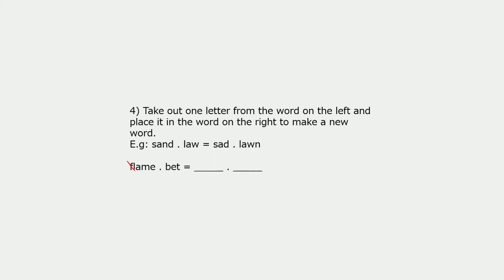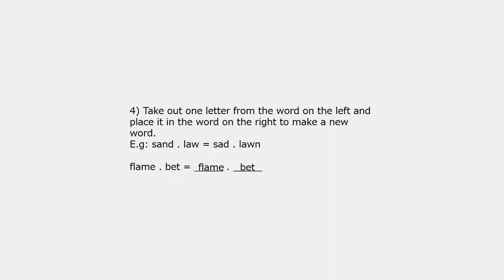Now, can we take away L? Well, that would make fame, so yes we can. L-B-E-T, nope. B-L-E-T, nope. B-E-L-T, yes, because that would make the word belt.